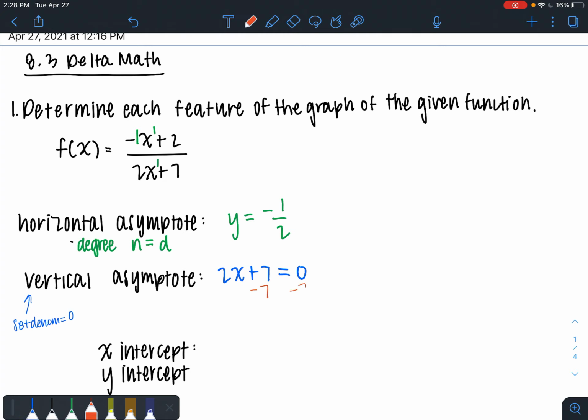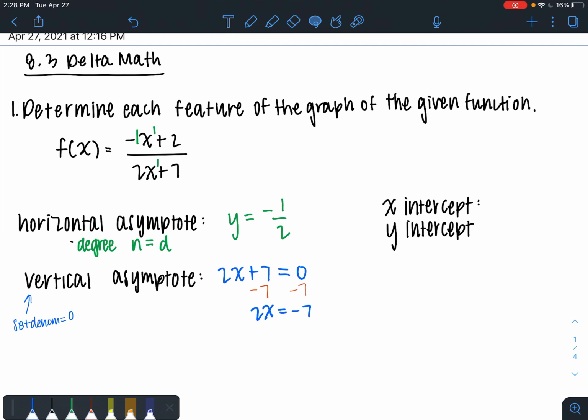Subtract 7: 2x equals -7. Then divide by 2. x is equal to -7 over 2. Let's box these answers here so we don't lose them.